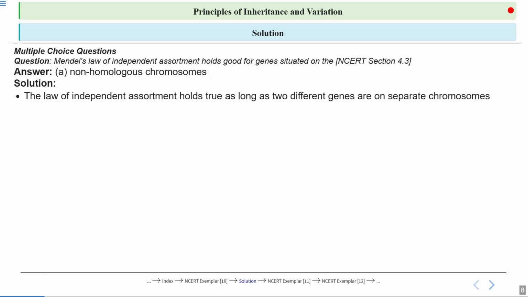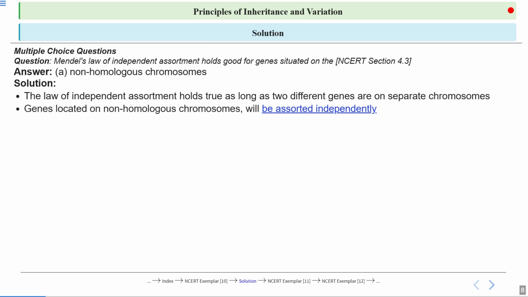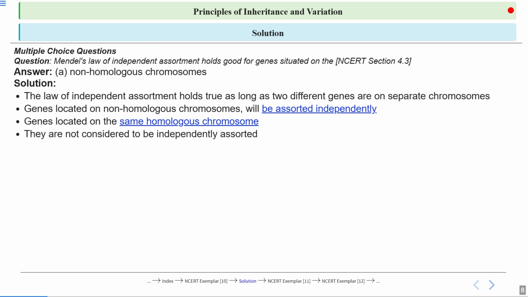The law of independent assortment holds true when the genes are located on non-homologous chromosomes. Genes located on non-homologous chromosomes will assort independently. Okay, clear? Genes located on the same homologous chromosome are not considered to be independently assorted.